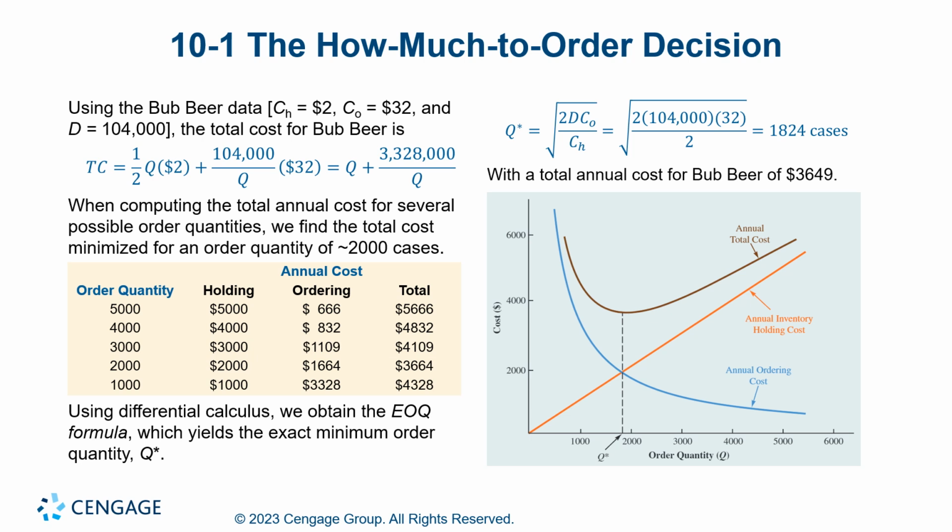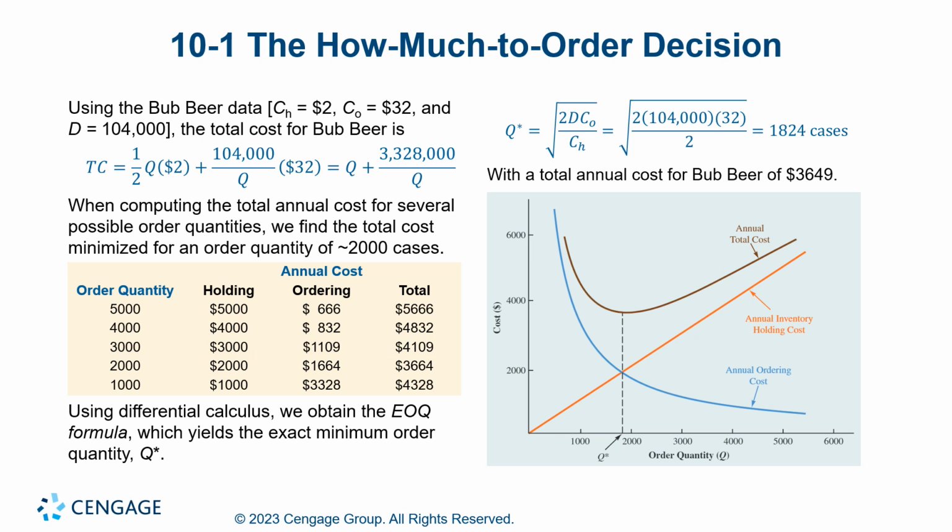By doing the algebraic manipulations, we can put Q on the left hand side and the rest on the right hand side. The equation for the total cost is 1/2 Q of CH plus D divided by Q times CO. So we take all the Q and put it on one side, and what we have is Q squared equals 2 times D times CO divided by CH.